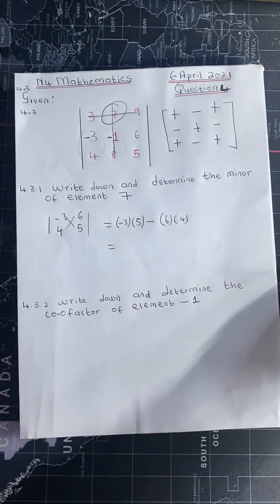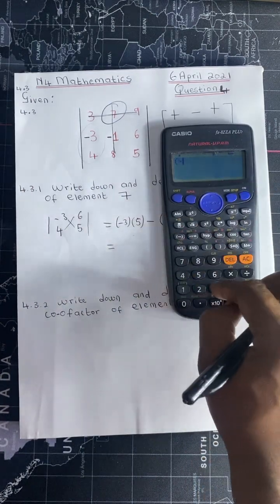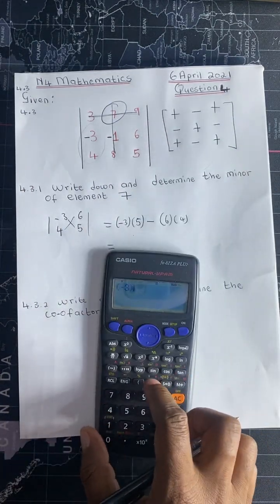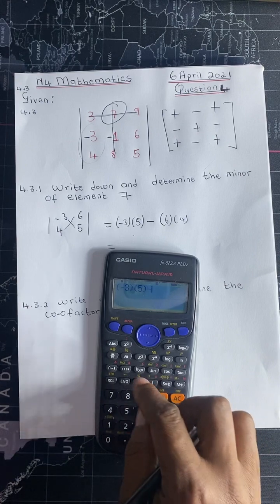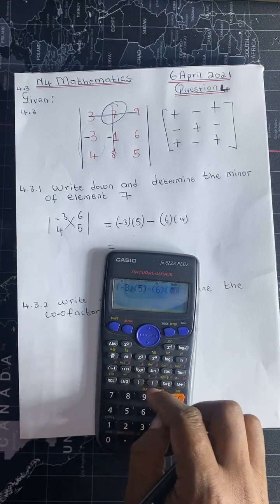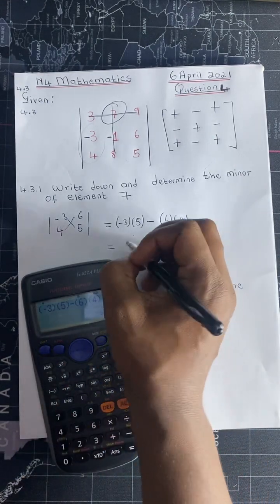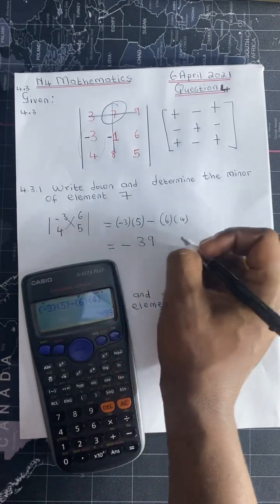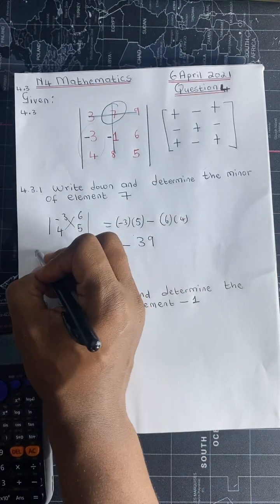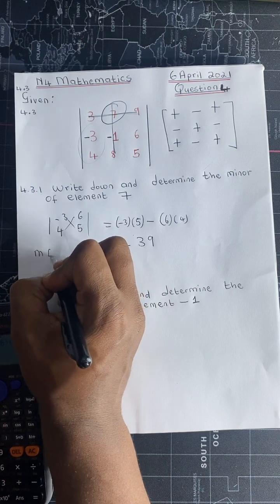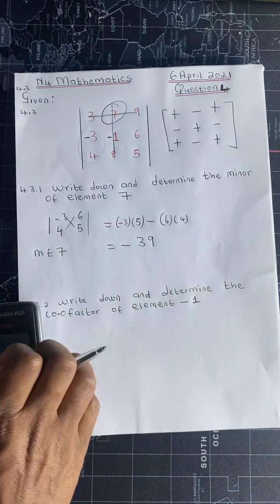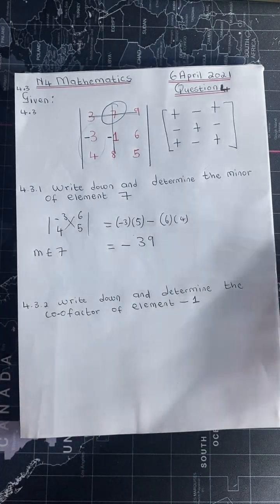This is equal to negative 39. So the minor of element 7 is equal to negative 39.